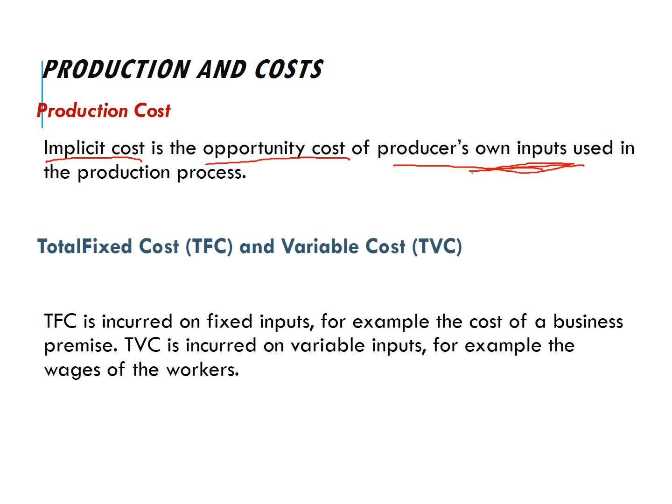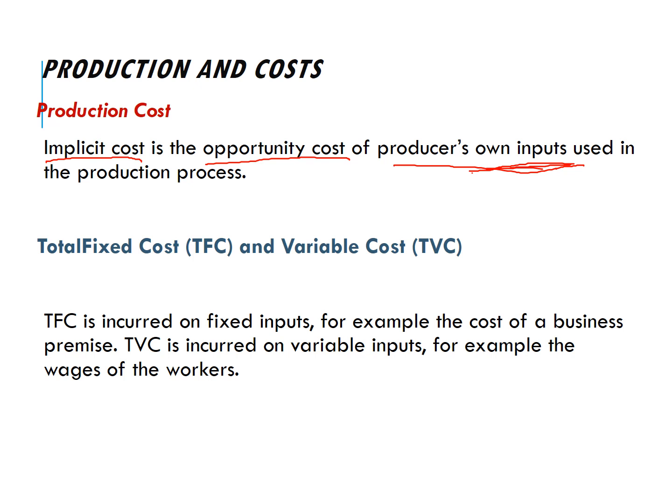We recall what opportunity cost is from chapter 1. Opportunity cost is something that you forgo, you sacrifice, you let go in order to obtain another thing. For example, before you do business, you work somewhere and the owner of the business pays you 1,000 ringgit a month.